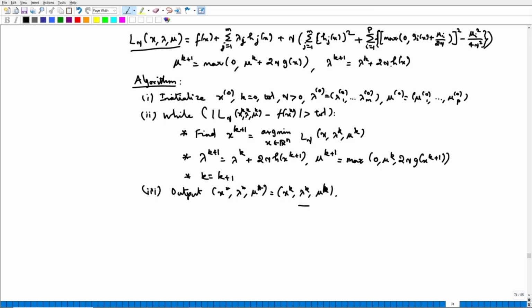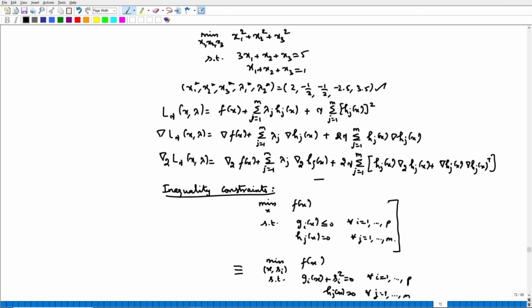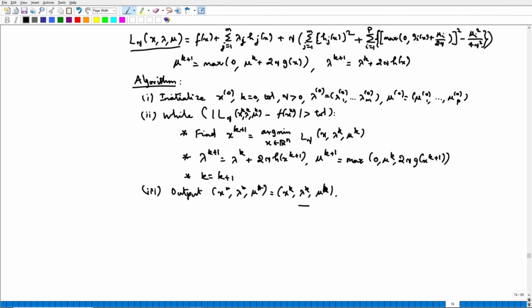This is for the optimization problem given here: you are minimizing f of x subject to a bunch of inequality constraints as well as equality constraints. So that is the L gamma that you see here, which we derived to be the augmented Lagrangian function.